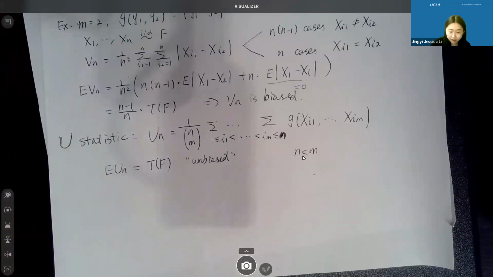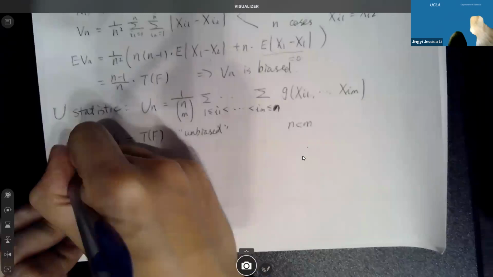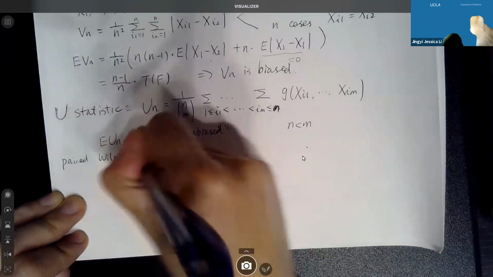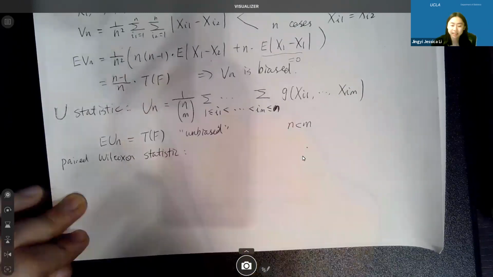So now let's look at one concrete example of a U statistic. That's what we call the Wilcoxon. This is called a paired Wilcoxon test. Let's look at the paired Wilcoxon statistic as a concrete example.